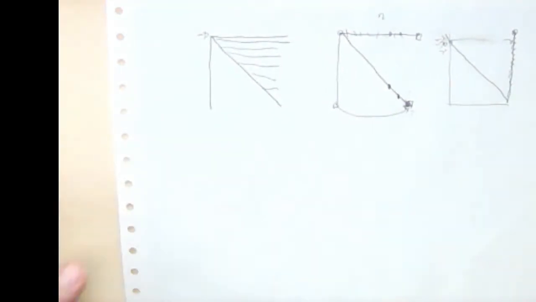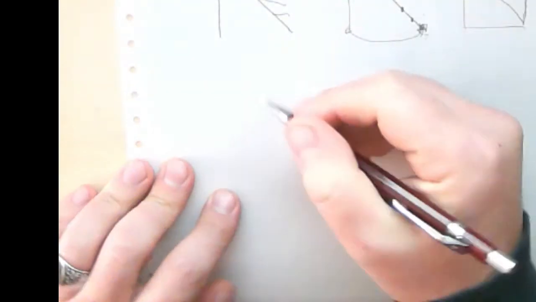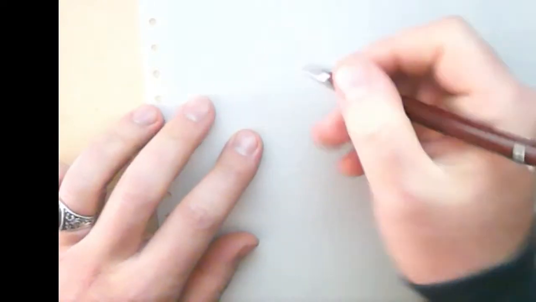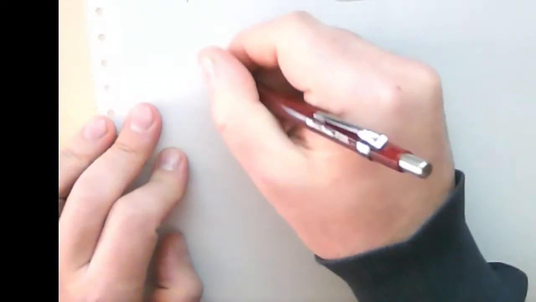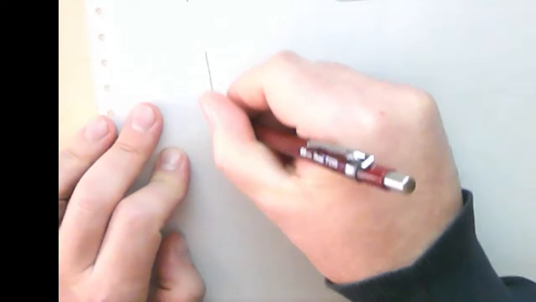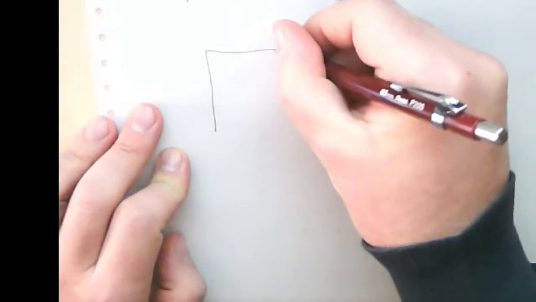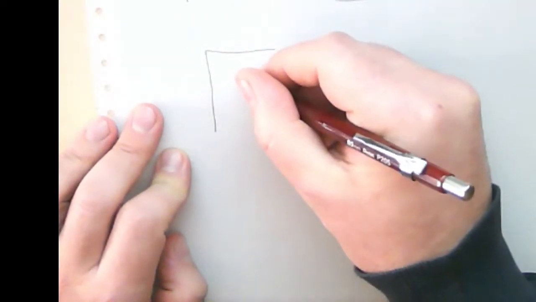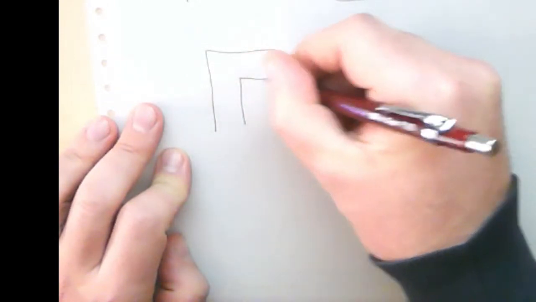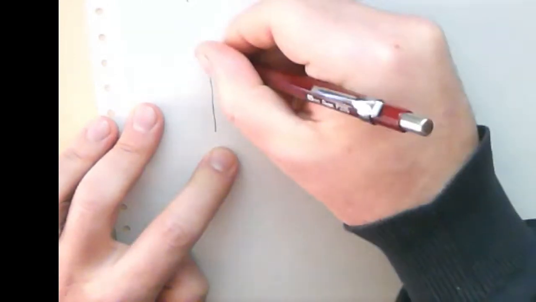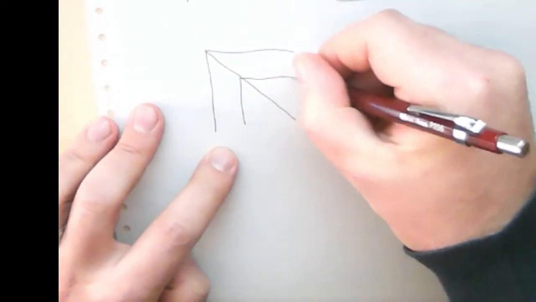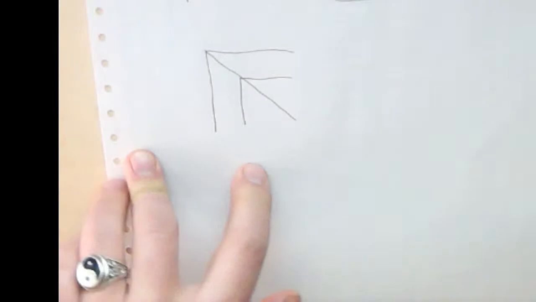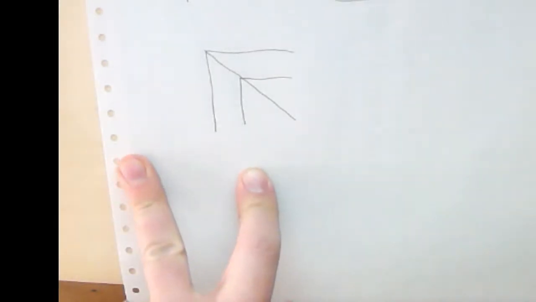Now, what happens if the structure of my linear system was something like that? Hopefully it's visible. Which variables would we choose for the elimination?